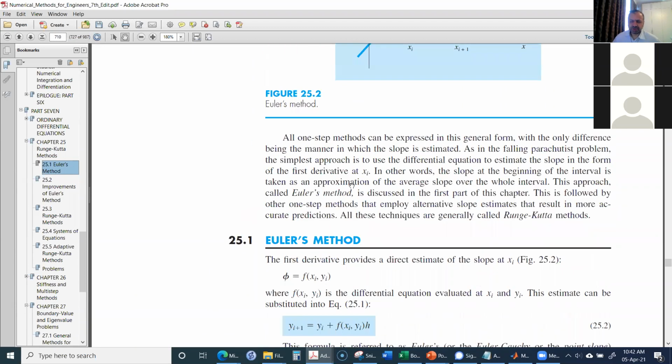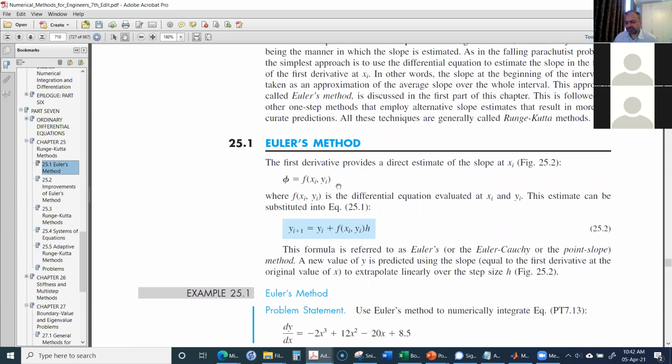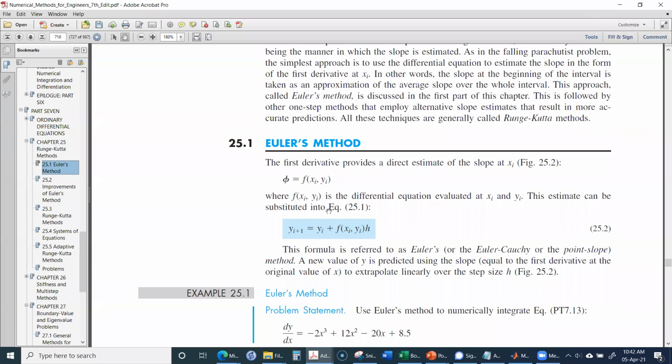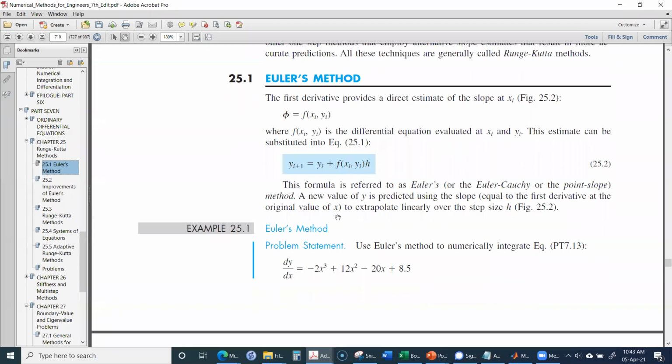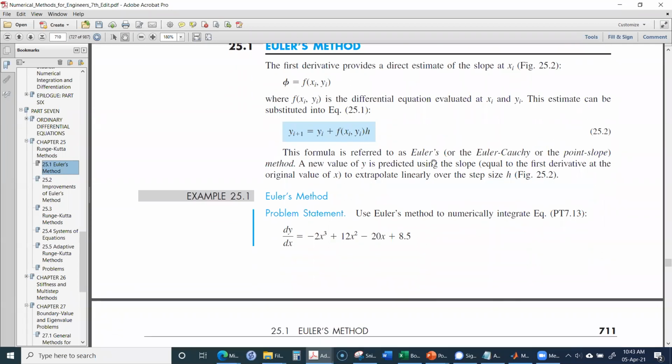Remember that the solution of a differential equation is in terms of a curve, which ideally we can represent as y is equal to some value. So in this Euler's method, we get yi plus 1 is equal to yi plus f(xi, yi) times h. This formula is referred to as the Euler's method.